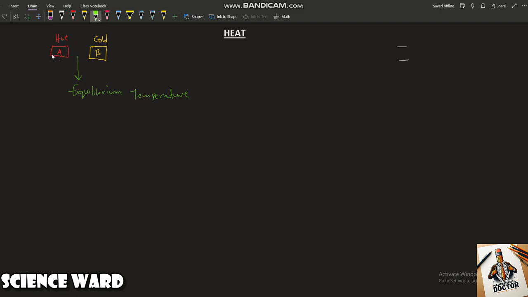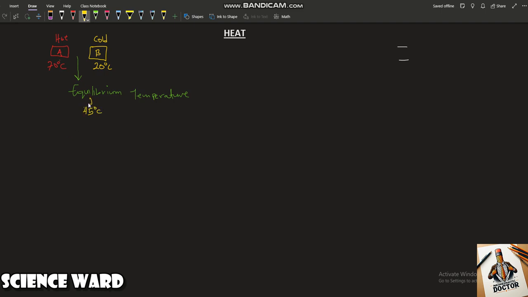Now, temperature A is hot, and that heat was transferred to B. For instance, we can think about this: if A has a temperature of 70 degrees Celsius, and B has a temperature of, let's say, about 20 degrees Celsius, and I bring object A closer to object B in this manner, then they are going to have an equilibrium temperature of maybe around 45 degrees Celsius.